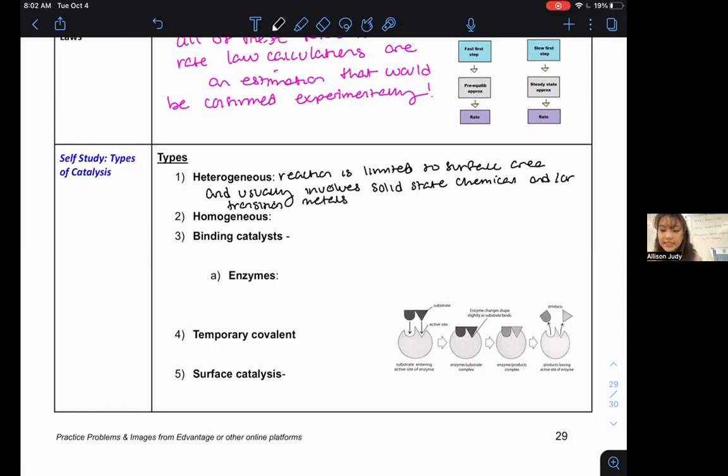A homogeneous type of catalysis involves a catalyst that is the same phase as the reaction system. Same phase or state of matter.